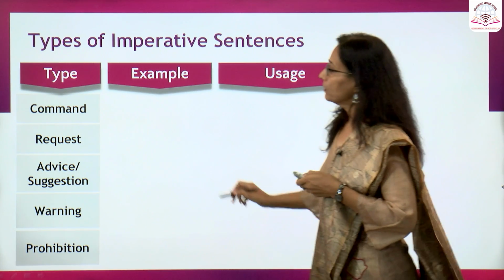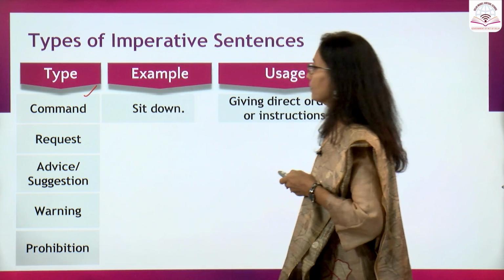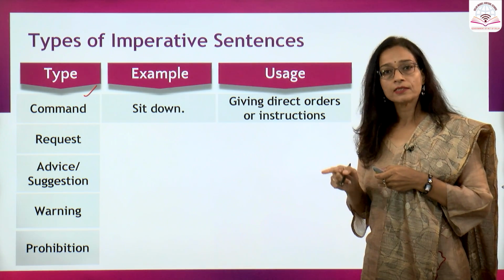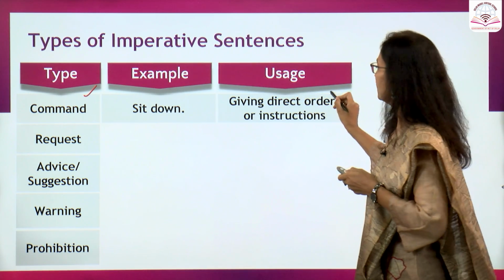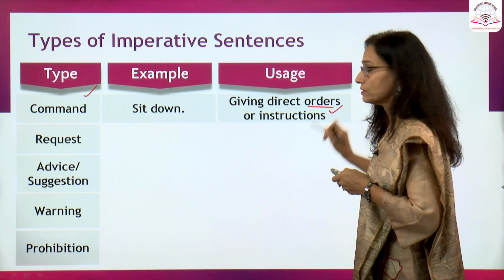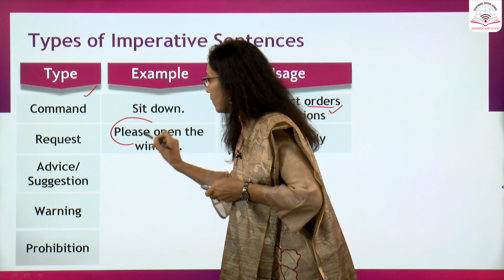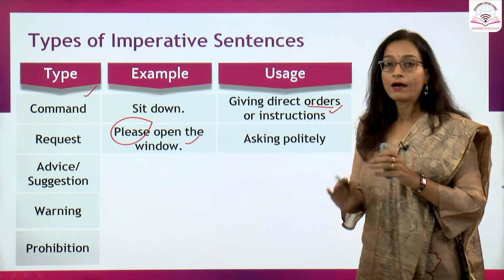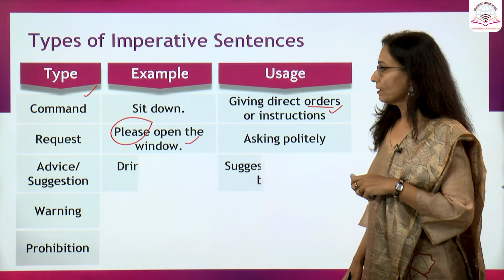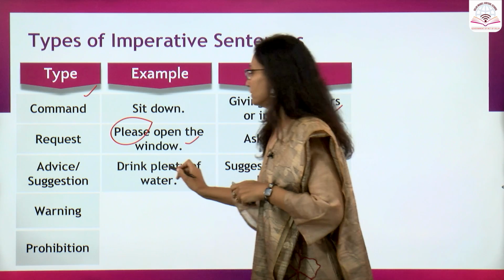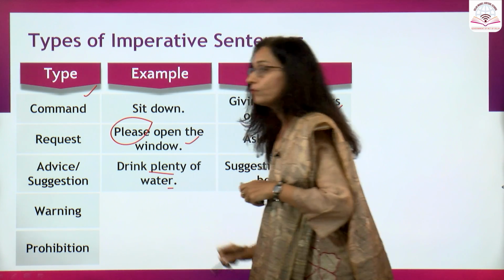So, first we'll begin with command. For example, sit down. It gives direct orders or instructions. Coming to request, please open the window. Asking politely. Advice or suggestion, drink plenty of water.